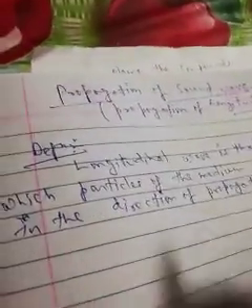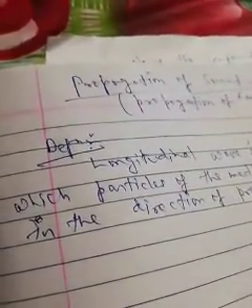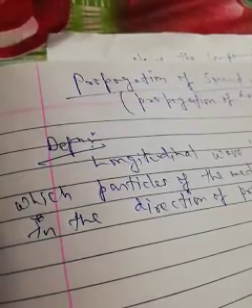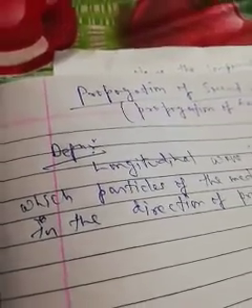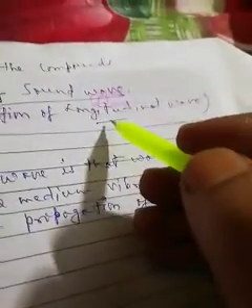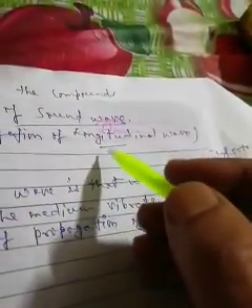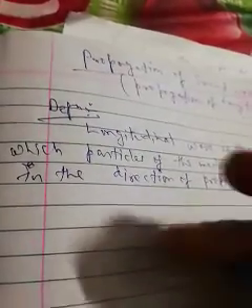So how does it propagate? Compressions and rarefactions are produced. When a sound wave or longitudinal wave propagates, there are some regions where the density of the particles is more, and there are some regions where the density of the particles is less. Those regions which have a higher density are called compression regions.